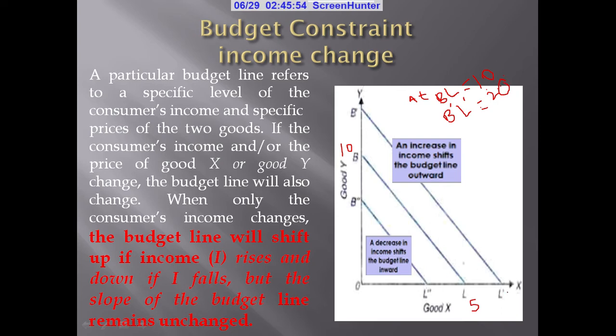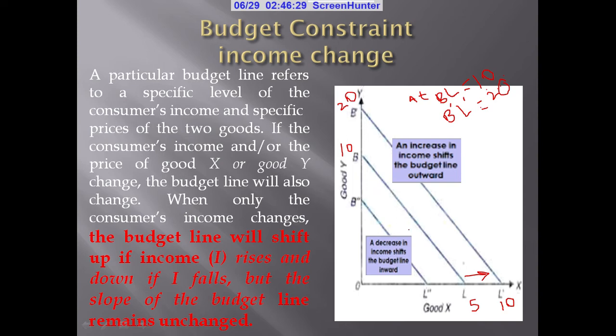Now, with $20, the individual can purchase 10 units of X as the price of X is $2, and 20 units of Y with the price of Y equal to $1. So we can observe that when income increases, keeping prices constant, the budget line shifts parallel outward.